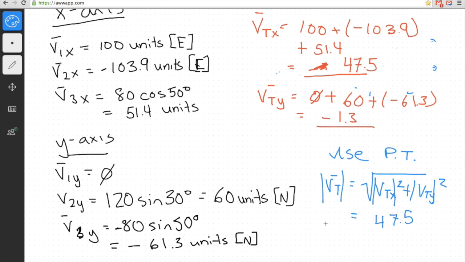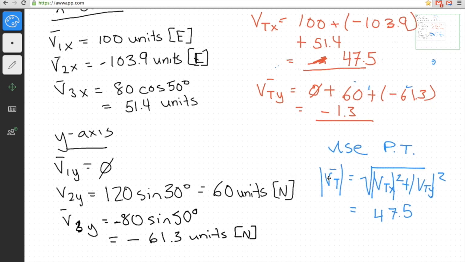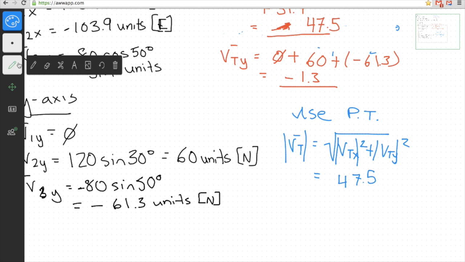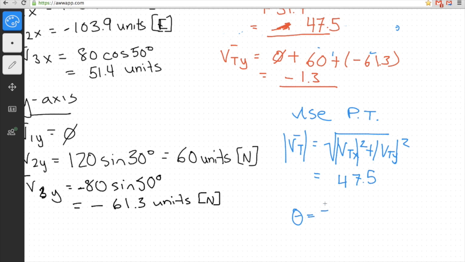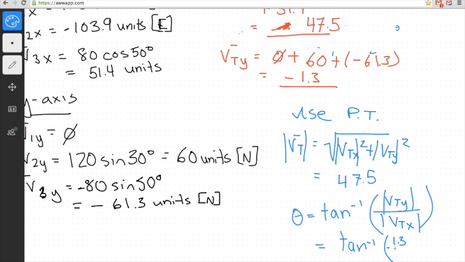And then we can go on and find the angle. To find the angle, I like to use the inverse tan of Vty, the magnitude of that, over the magnitude of Vtx. And when we punch in those numbers, we get 1.3 over 47.5.